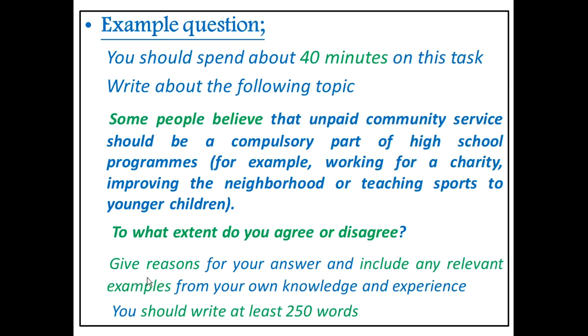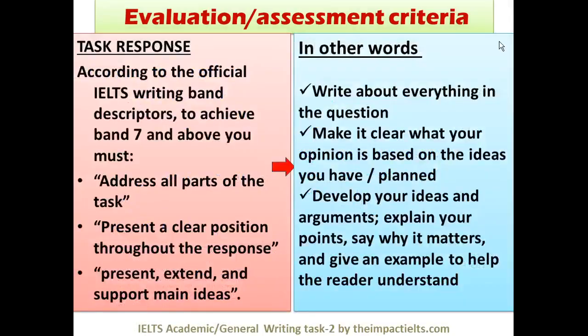Then you have to give reasons for your answer and include any relevant examples. So you have to give reasons, you have to include examples for whatever you say. If you are able to say them and if you are using 250 words, that means you have been able to cover everything in the question.